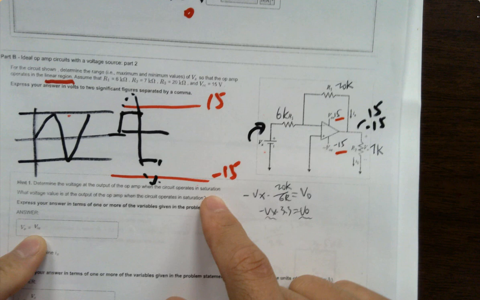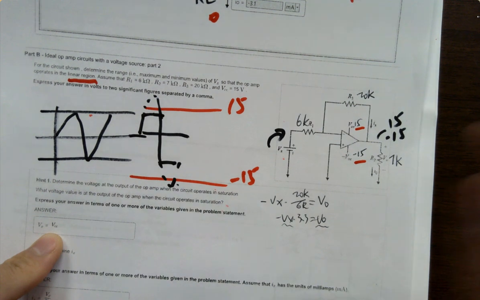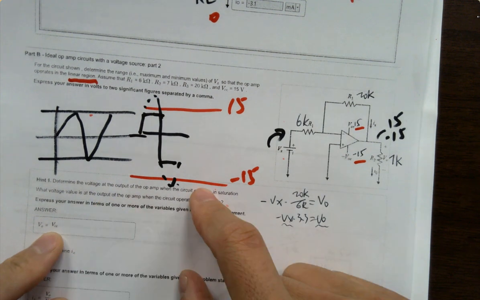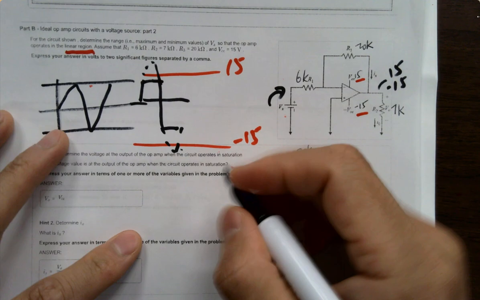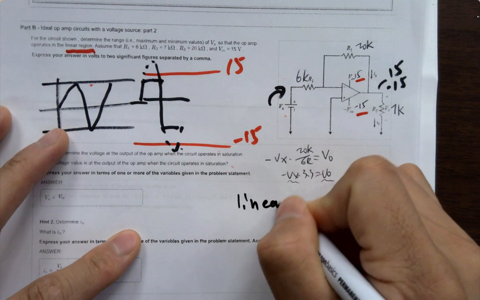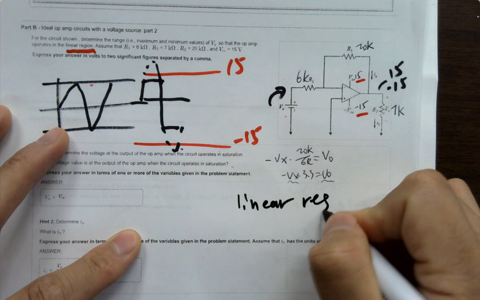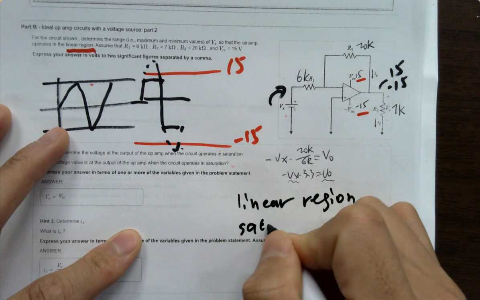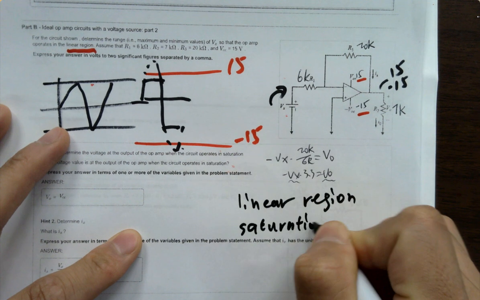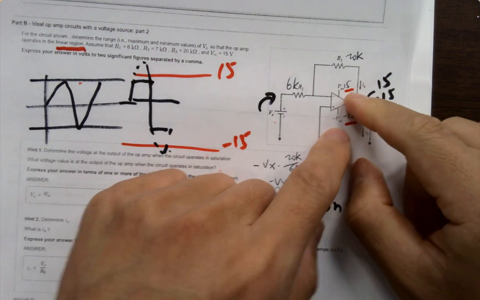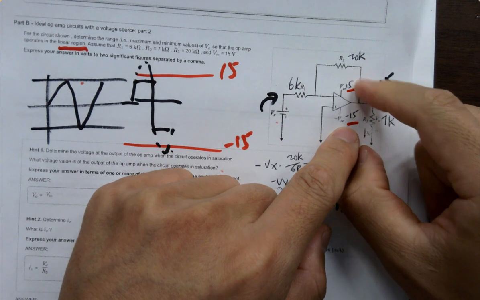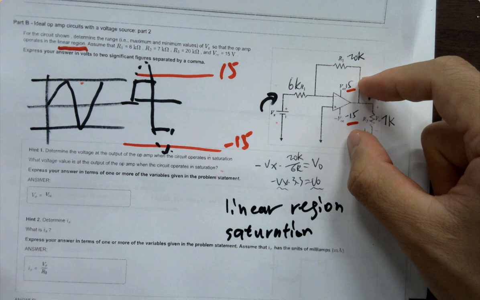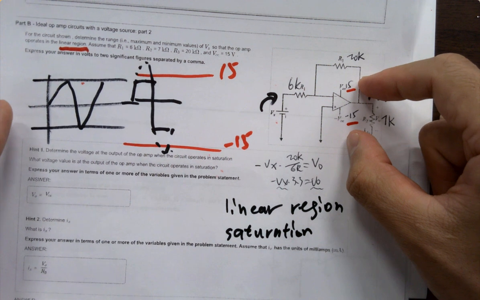This is something I just didn't talk about, but sometimes you'll hear the term linear region or saturation. It's because you have supplies of 15 to minus 15. That's the total range of the supply you can provide to the board.